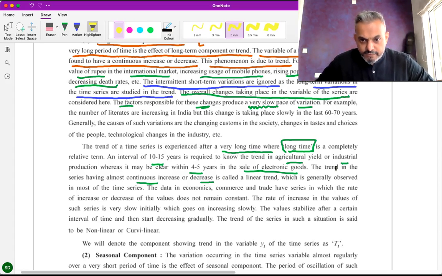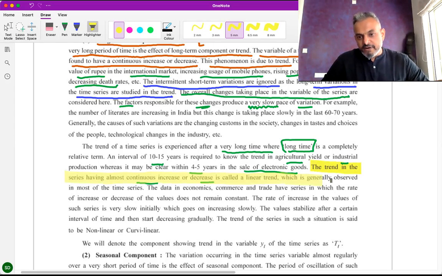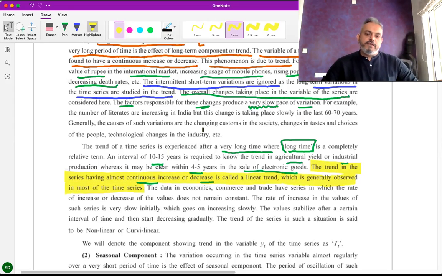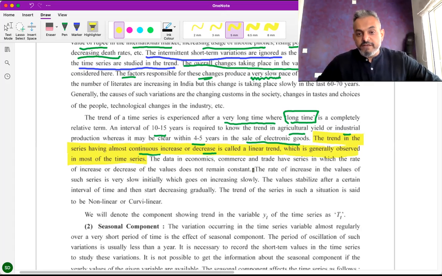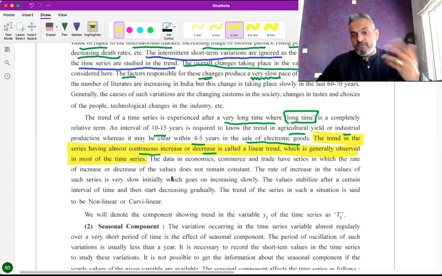I'll underline it. The trend in the series having almost continuous increase or decrease is called linear trend, which is generally observed in most time series. Now, the data in economics, commerce, and trade have series in which the rate of increase or decrease of the value does not remain constant.